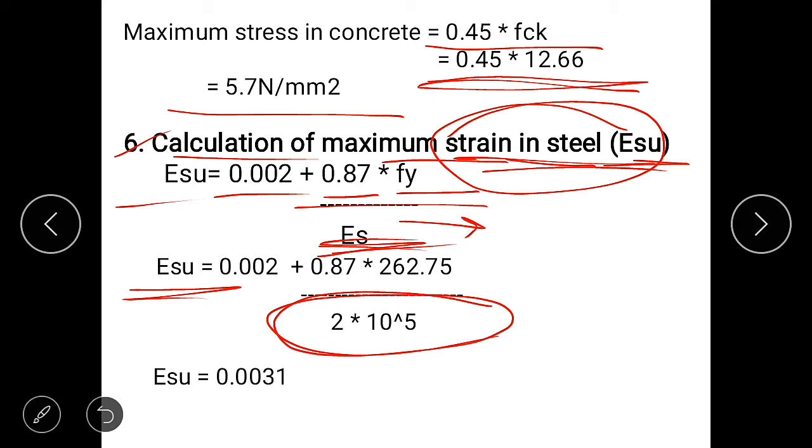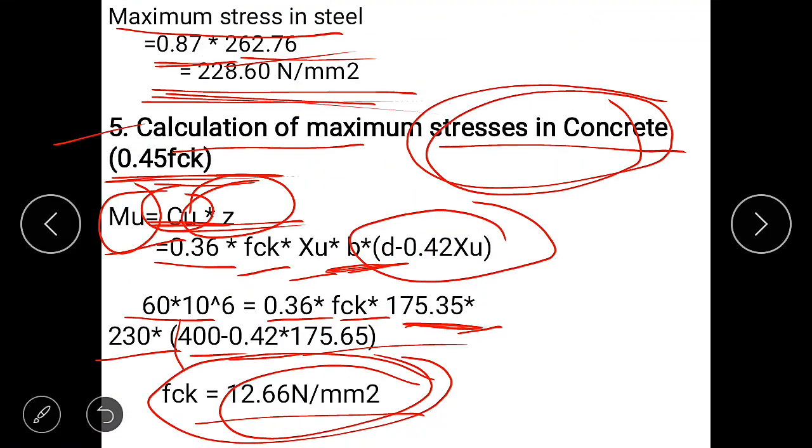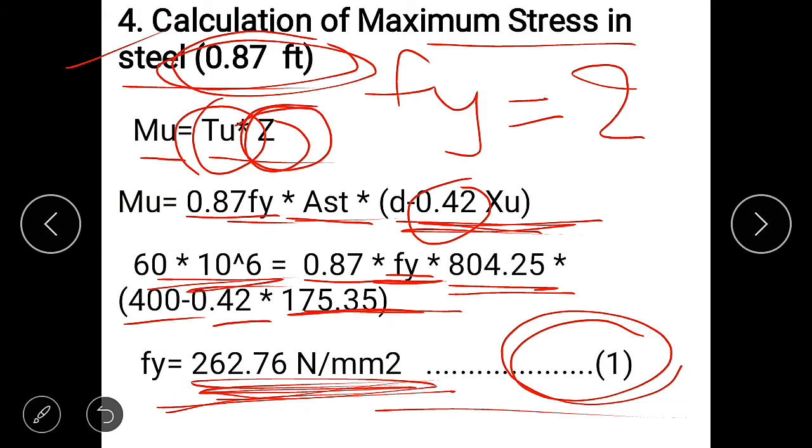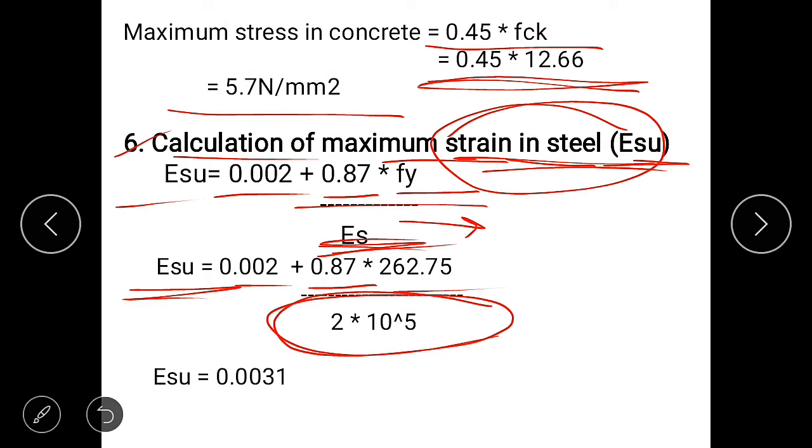Epsilon su is 0.002 plus 0.87 into fy. The value of fy we already find here is 262.76. So 262.76 divided by Es, the modulus, is 2 into 10 to the power 6. So epsilon su is 0.0031.